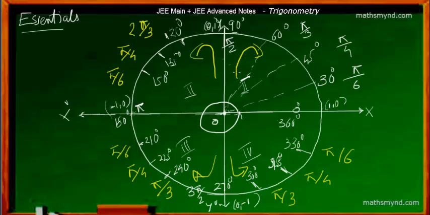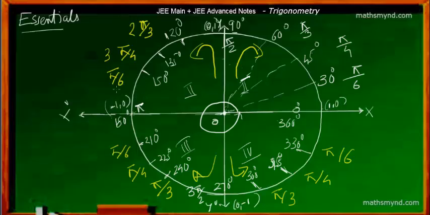If you look at 135 degrees, we can see that it is 3 times 45 degrees. It's quite simple. So the key point is to fill up the other quadrants on the basis of the values given in the first quadrant. So 135 degrees is 3 times 45 degrees, so this would be 3 pi by 4.